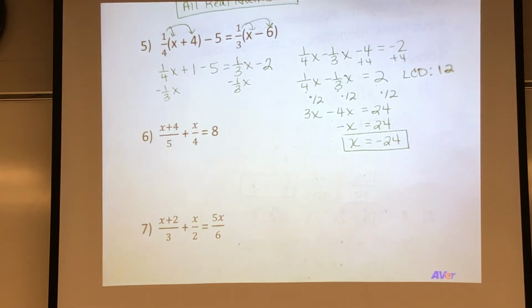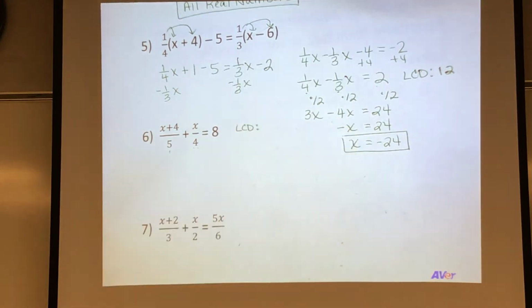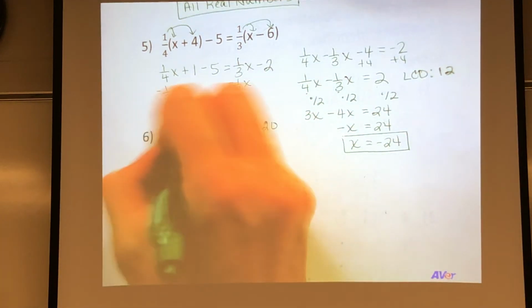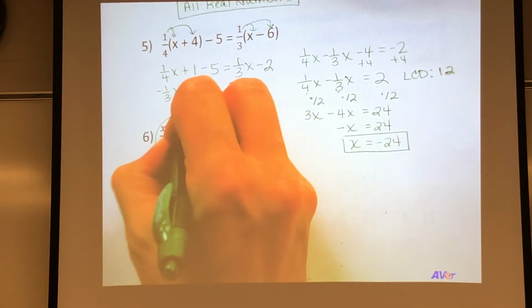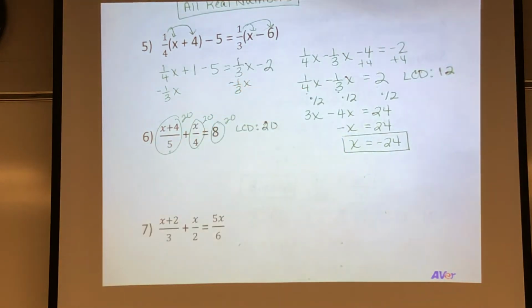So if we can find an LCD for our denominators here, so a number that both 5 and 4 can divide evenly into, see if you can come up with that. And then after you get that number, you're going to multiply all the terms by that number. So our LCD in this case is 20. So we're going to multiply this first fraction by 20, the second fraction by 20, and the 8 by 20.